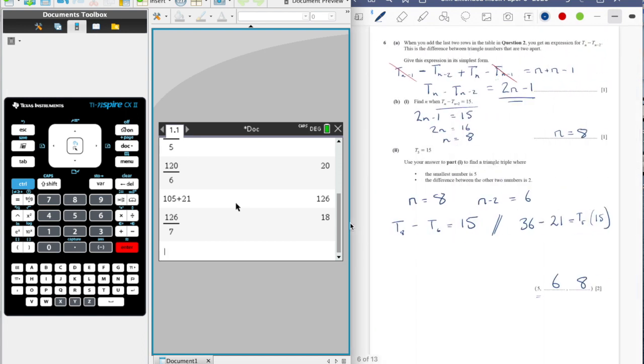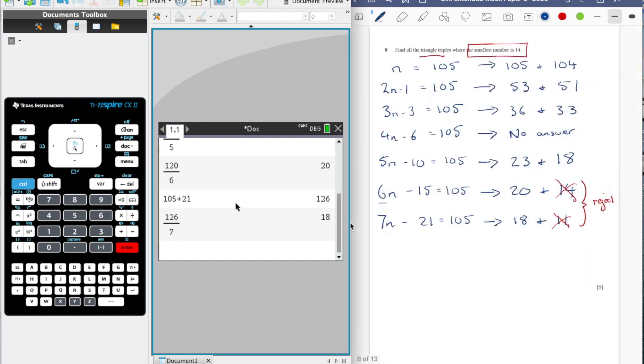I can't quite see that. You might be able to spot it for me. So if I find my answers, they are 5, 104 and 105 from the first line. They are 5, 51 and 53. Sorry, it's not 5. I don't know why I've written 5.